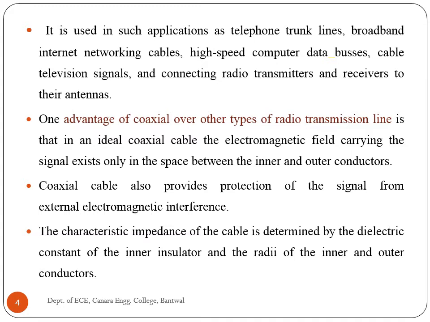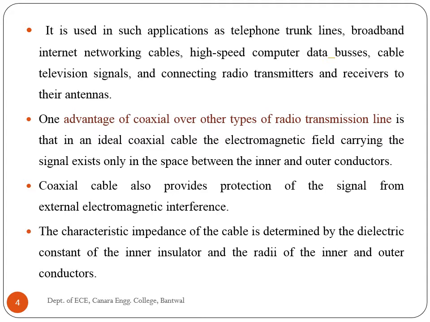In radio frequency systems where the cable length is comparable to the wavelength of the signals transmitted, a uniform cable characteristic impedance is important to minimize loss. The characteristic impedance of the cable is determined by the dielectric constant of the inner insulator and the radii of the inner and outer conductors.